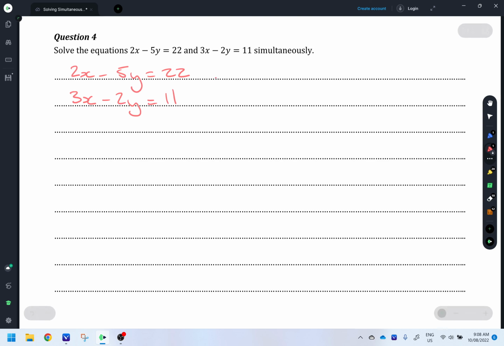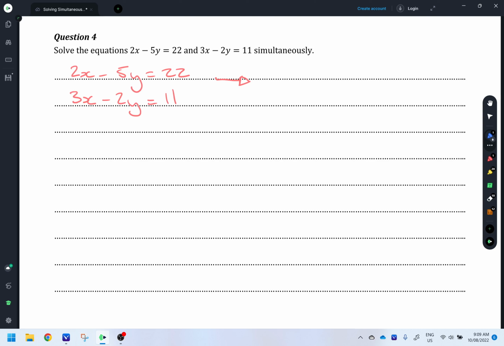So in some cases, I might need to change both of the equations. Just looking at the x's, I can't multiply 2 to be 3, and I can't multiply 3 to be 2. But what I could do is multiply the 2 to be 6, and multiply the 3 to also be 6.